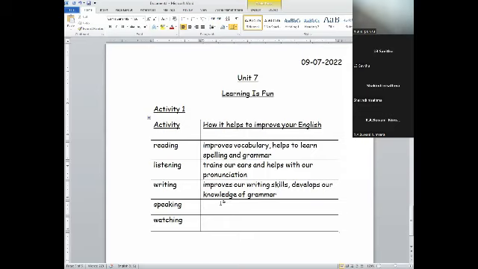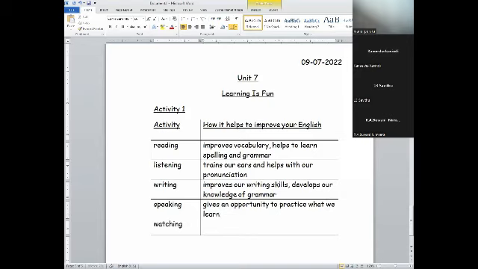Speaking gives an opportunity to practice what we learn at school in the classroom.